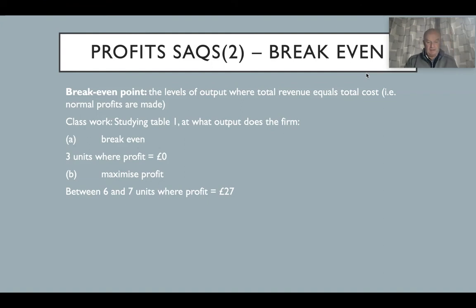That gives you an idea of how you can use break-even and also calculate maximum profits based on data that you've been given. It's a relatively straightforward example, but important for you to understand the principles of what's going on.